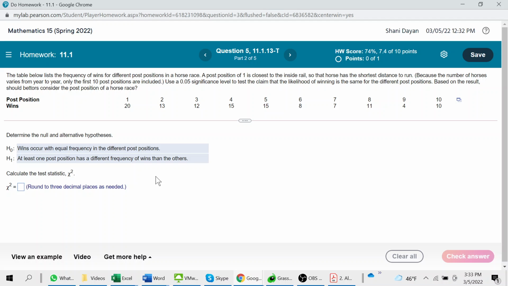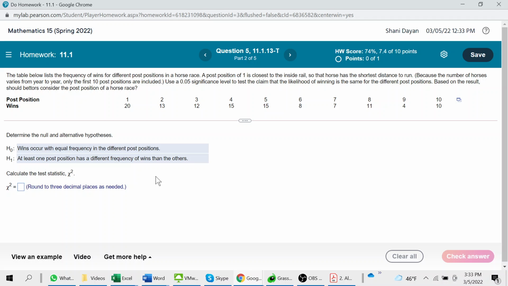There's 115 total, divided by 10. So the expected value for each is 11.5.